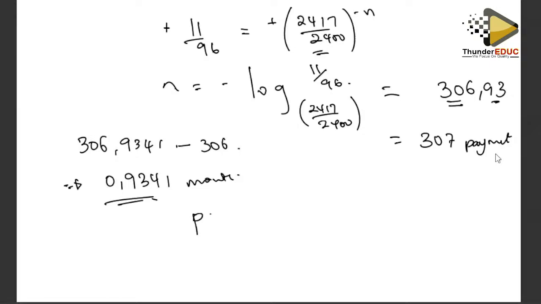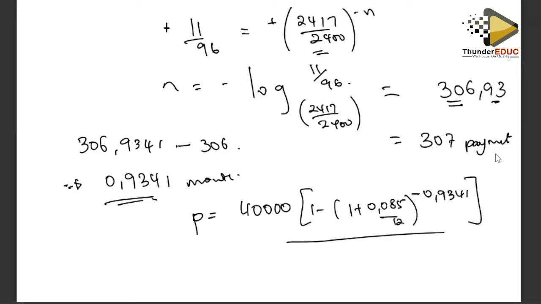So we're going to look for the present value. I'm going to use our 40,000 into 1 minus 1 plus 0.085 over 12, now to the exponent of negative 0.9341, and divide this by 0.085 over 12.